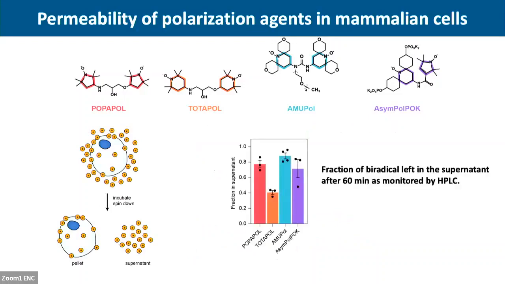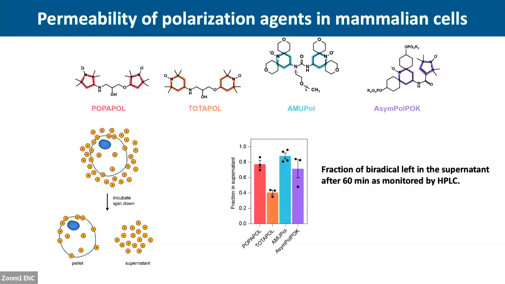And finally, I want to emphasize that, even though these are good molecules that can give us good enhancement, none of these molecules are really good for cells because they're not cell permeable. So here we did an experiment where we incubated cells with polarization agent, then we spun them down, and we actually looked at the presence of the polarization agent in the supernatant.